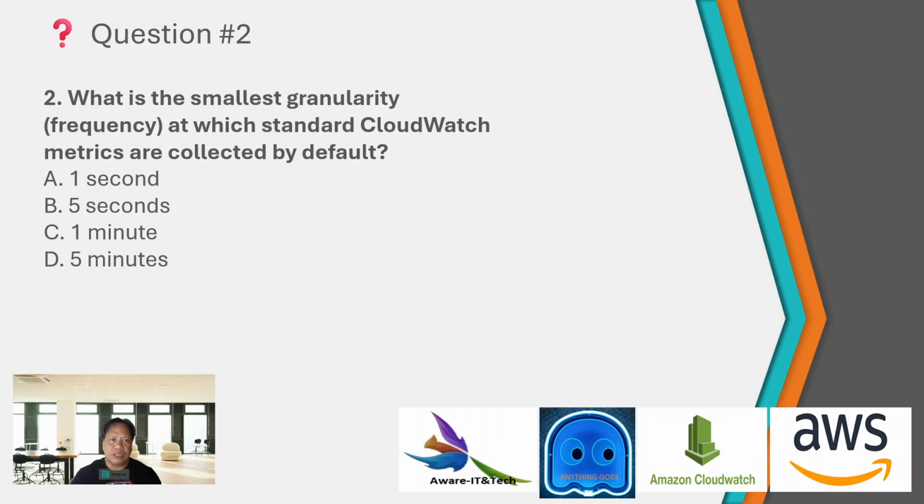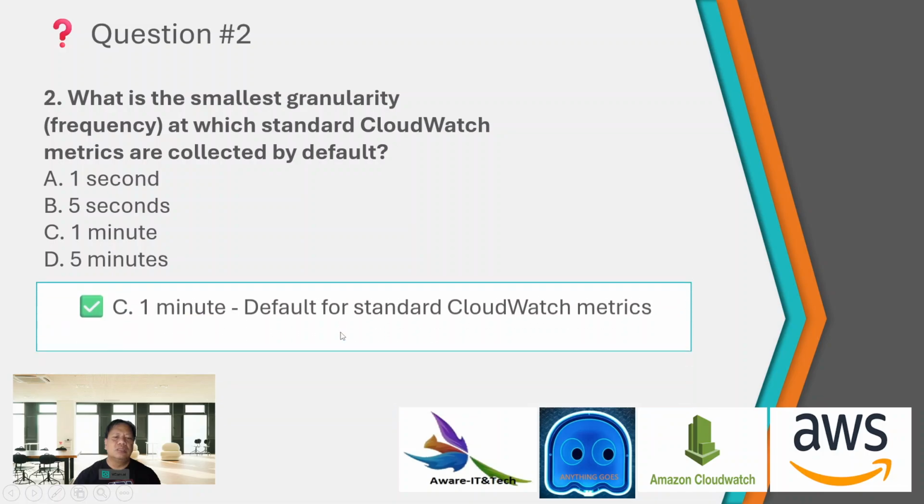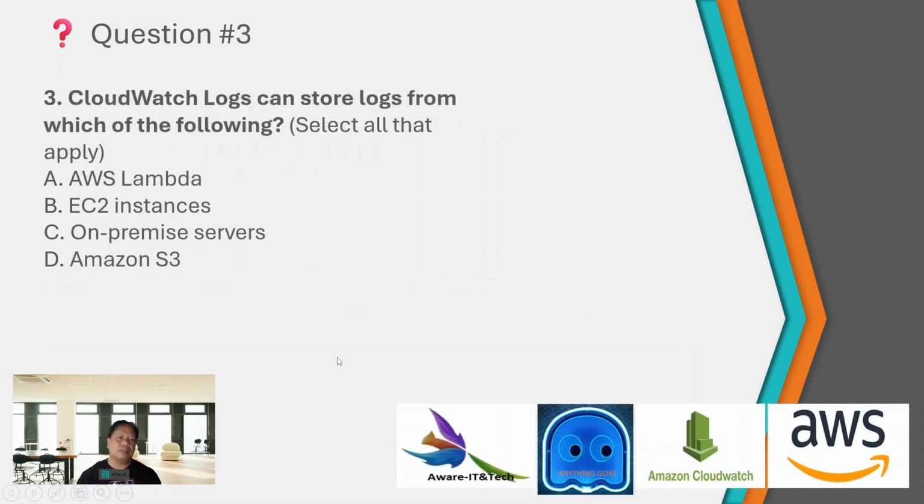What is the smallest granularity at which standard CloudWatch metrics are collected? It's 1 second, 5 seconds, 1 minute, or 5 minutes. So it's actually 1 minute. And question number 3. CloudWatch logs can store logs from each of the following: AWS Lambda, EC2 instance, on-premise server, and Amazon S3.